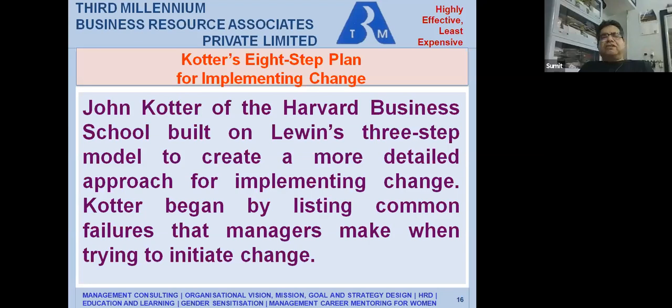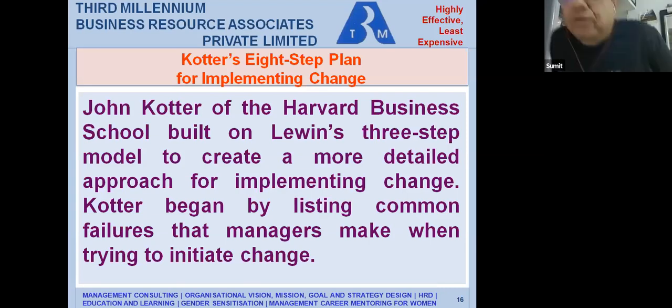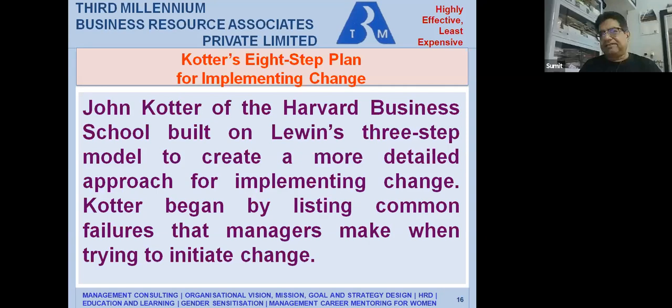Because once you understand why failure is happening, automatically you will be able to find ways to ensure that those failures don't happen, and in fact they are converted to successes. That was John Kotter's way of looking at it, right? So the second sentence is the key. Began by listing common failures that managers make when trying to initiate change.